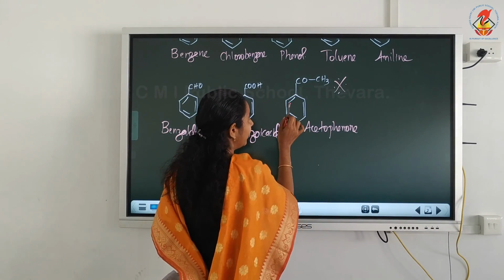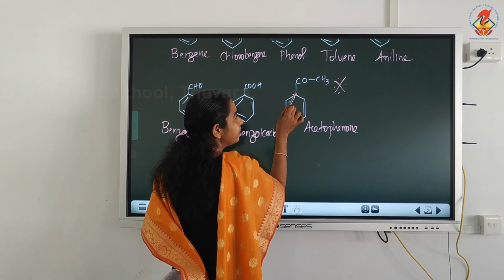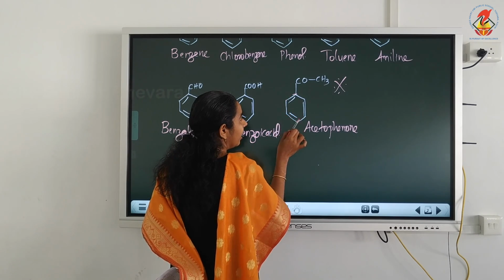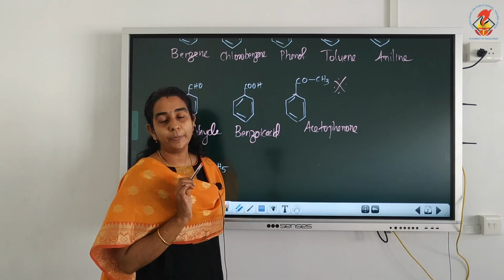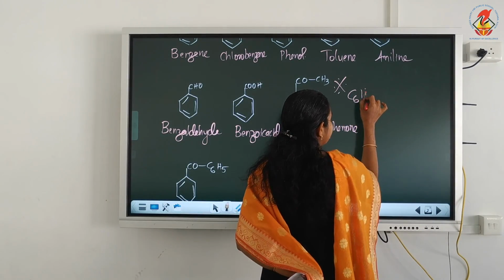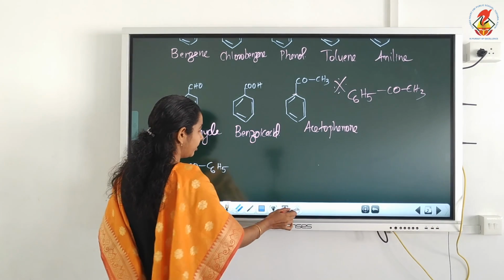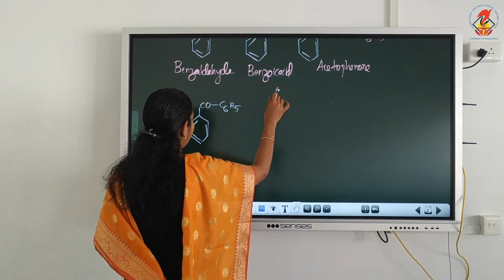So in the remaining 5 positions there will be hydrogen, so C6H6 will become C6H5. So benzene ring as a branch means the formula will be C6H5, then COCH3. So acetophenone, the molecular formula is C6H5COCH3, a very important compound.